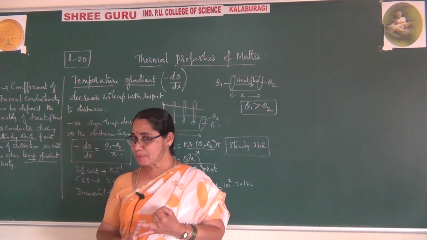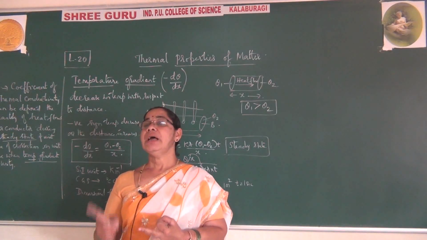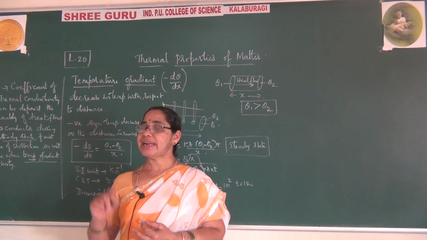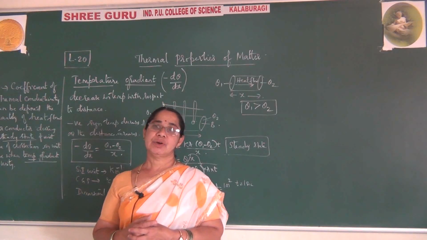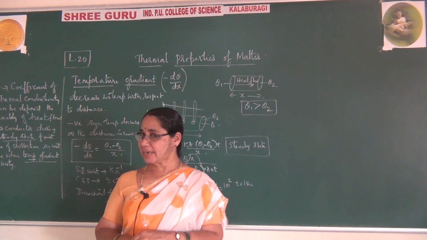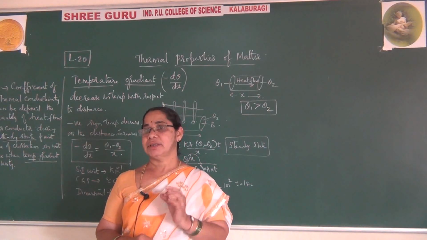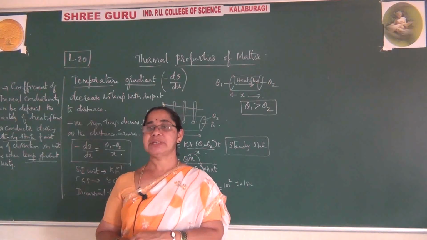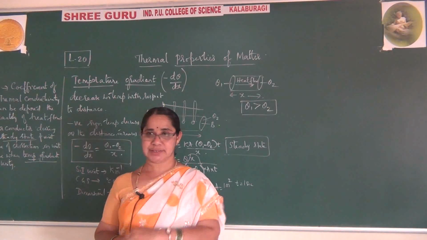Quantity of heat is directly proportional to the time of heat flow. And the fourth point, quantity of heat is inversely proportional to the distance, that is the distance between the 2 ends of the conductor, or the thickness of the conductor. So these are the 4 factors that we learned yesterday, and mentioning them carries 2 marks.